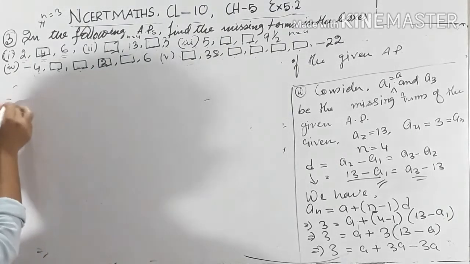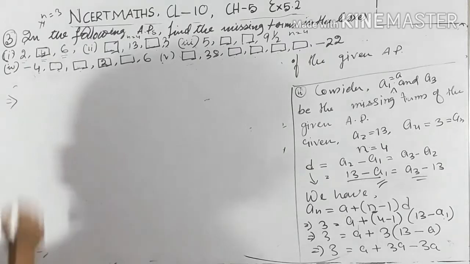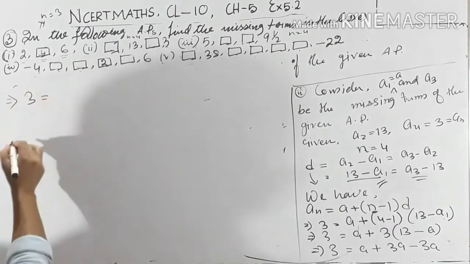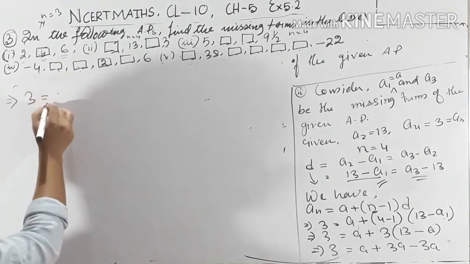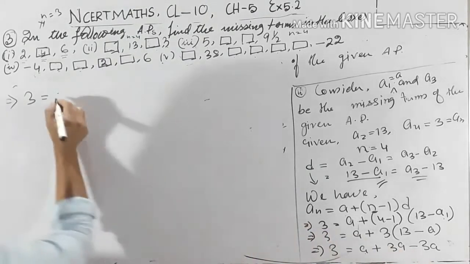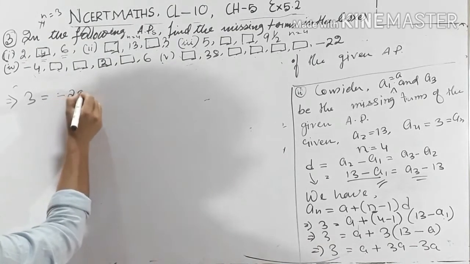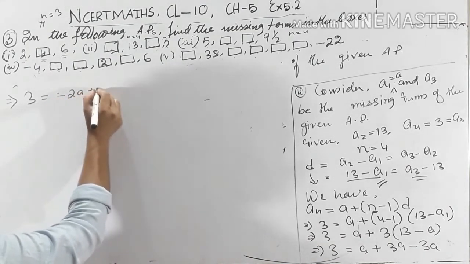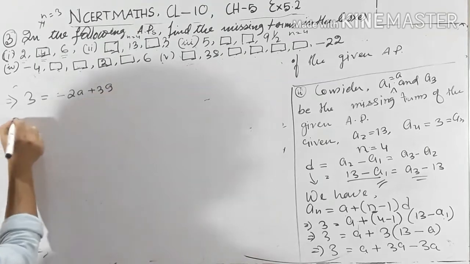Let us transpose it. 3 equals A minus 3A, that means minus 2A plus 39.